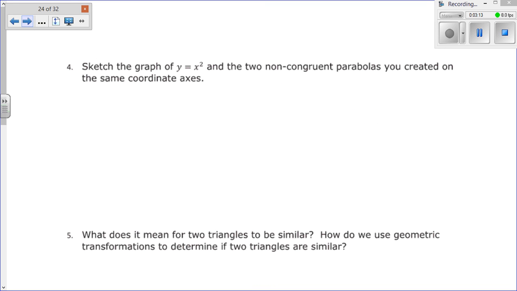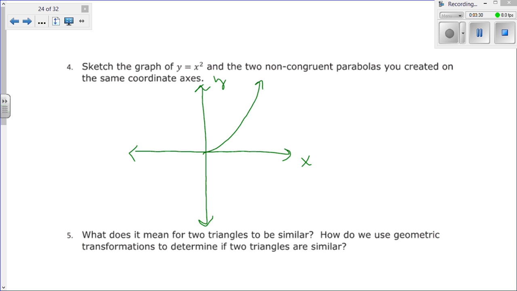So sketch the graph of y equals x squared and the two non-congruent parabolas you created on the same coordinate axes. So this is y, this is x, y equals x squared is here.